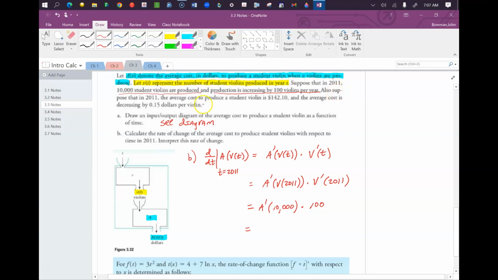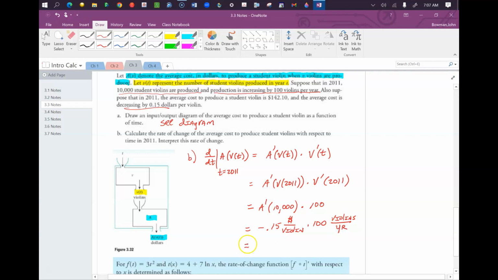Also suppose that in 2011, the average cost to produce a violin is $142.10, and the average cost is decreasing by $0.15 per violin. So this is a negative $0.15 per violin, and the units for V prime of t is going to be violins per year.